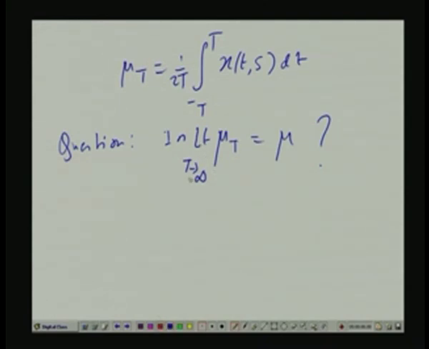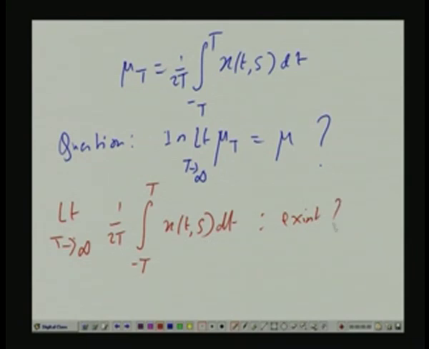After all, limit mu t, t tends to infinity, means what? Does it exist? Answer is yes. It was proved by one famous statistician named Barkov.